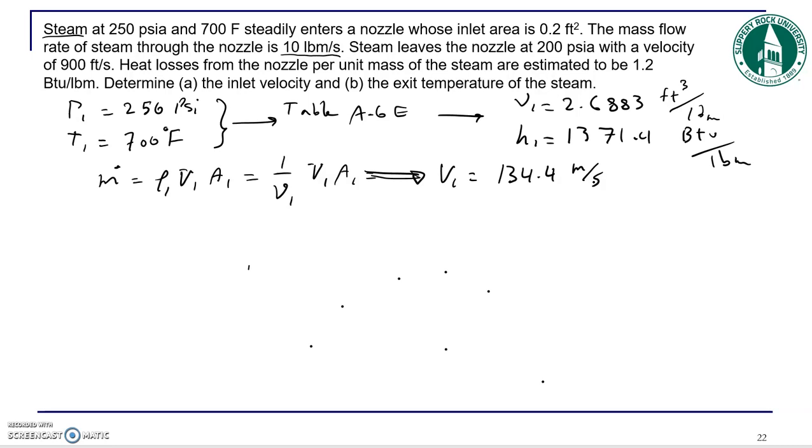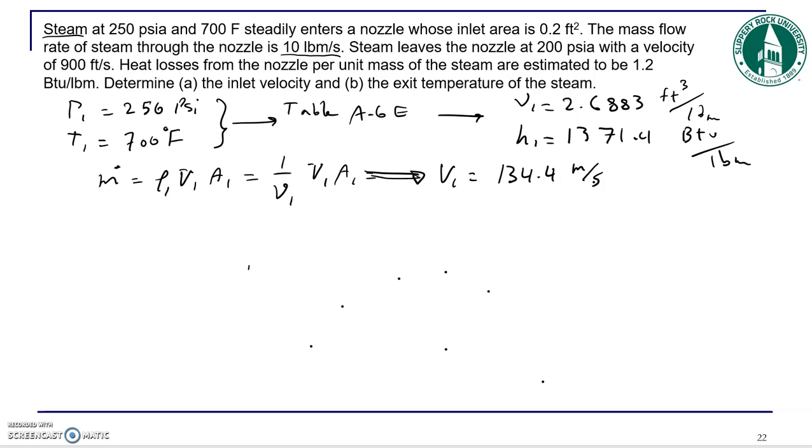Part B, we are required to calculate the exit temperature. So we can use the first law of thermodynamics, because we do have the inlet enthalpy, we can find the outlet enthalpy, and if we have the enthalpy and pressure of the outlet, we can find the temperature of our system, right?